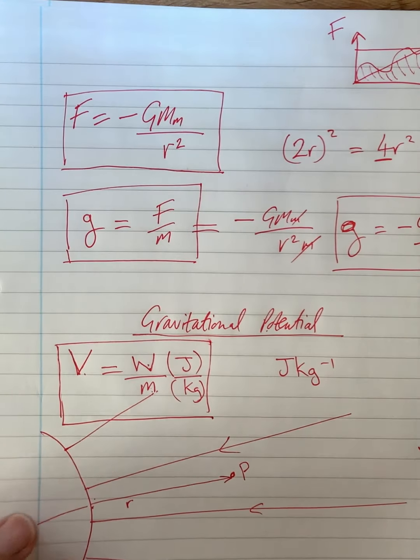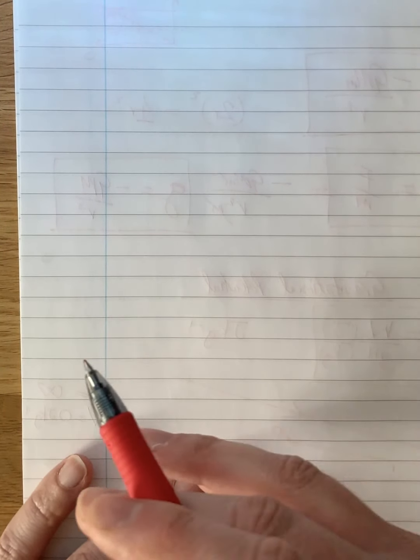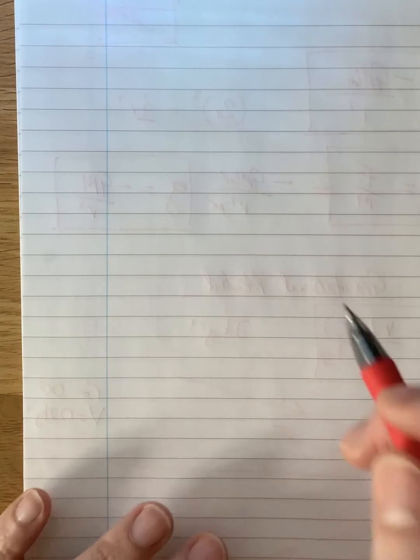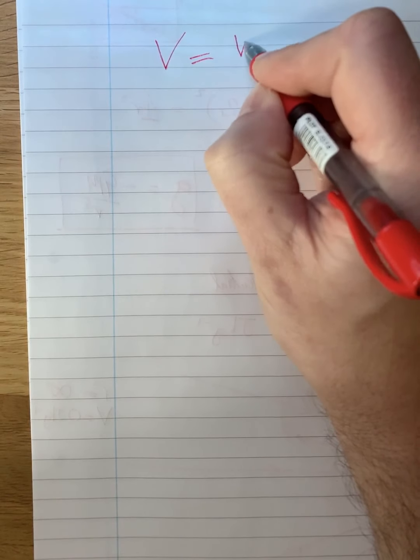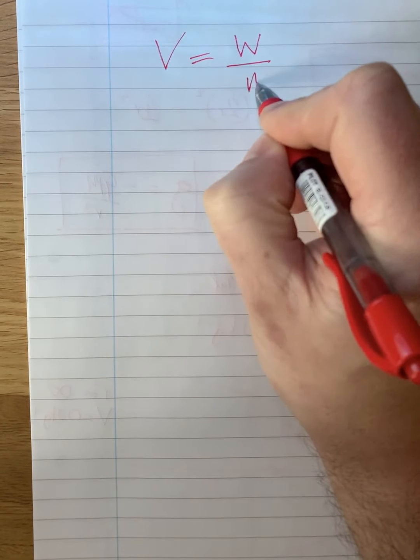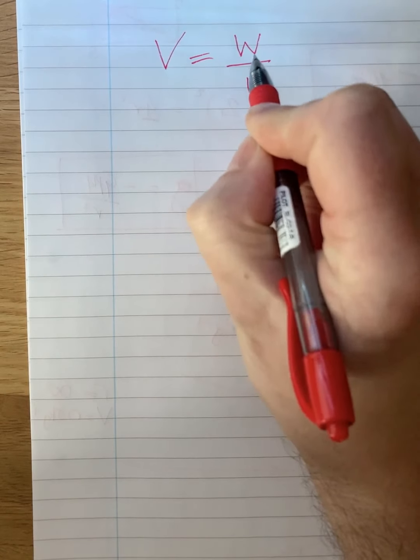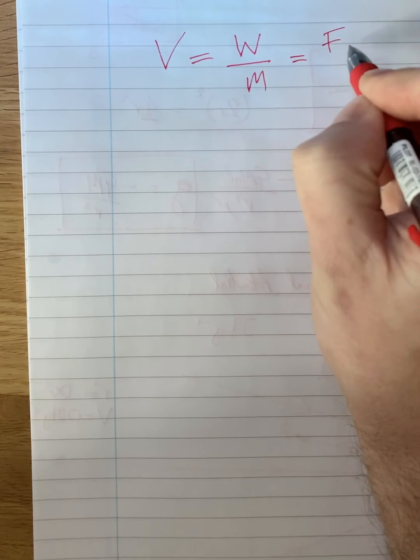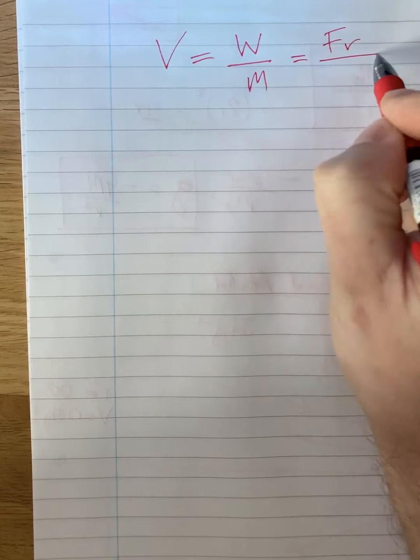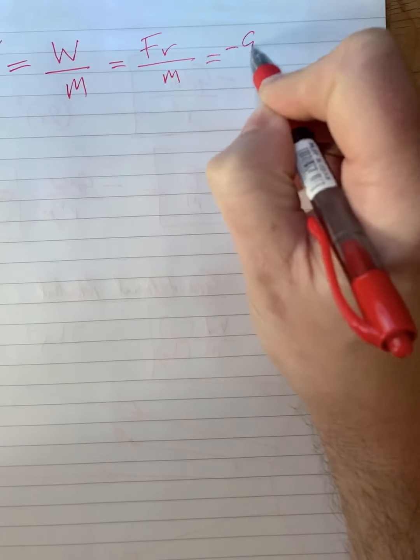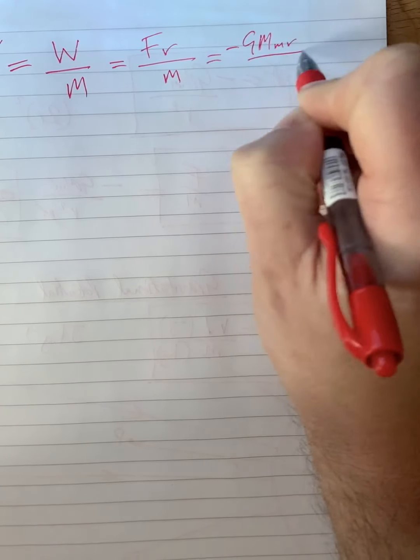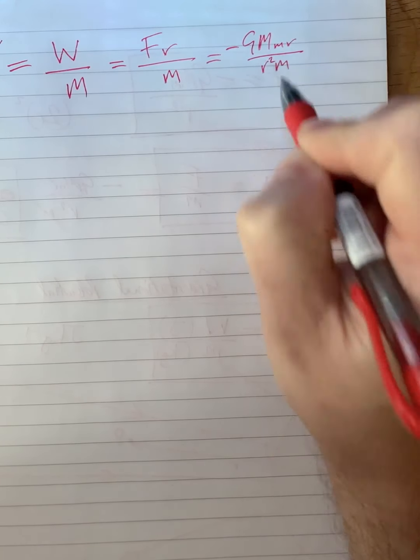Okay, but to make it simplified for this video, just so that you get the equation for V in terms of G, what you can say is, if you do have the starting point, which is the work done per unit mass, but you know that work done is force times the distance moved, and the force from Newton's law is minus G m, okay, over r squared.